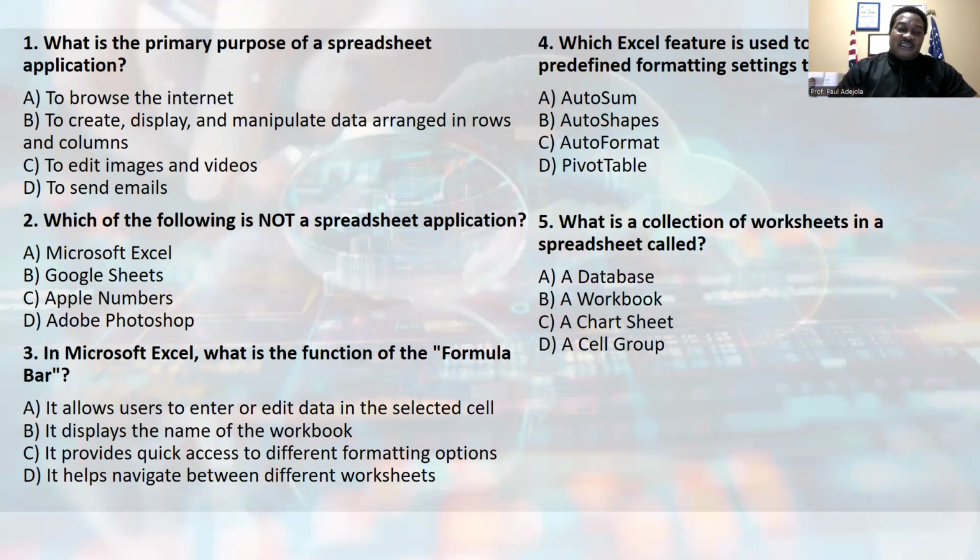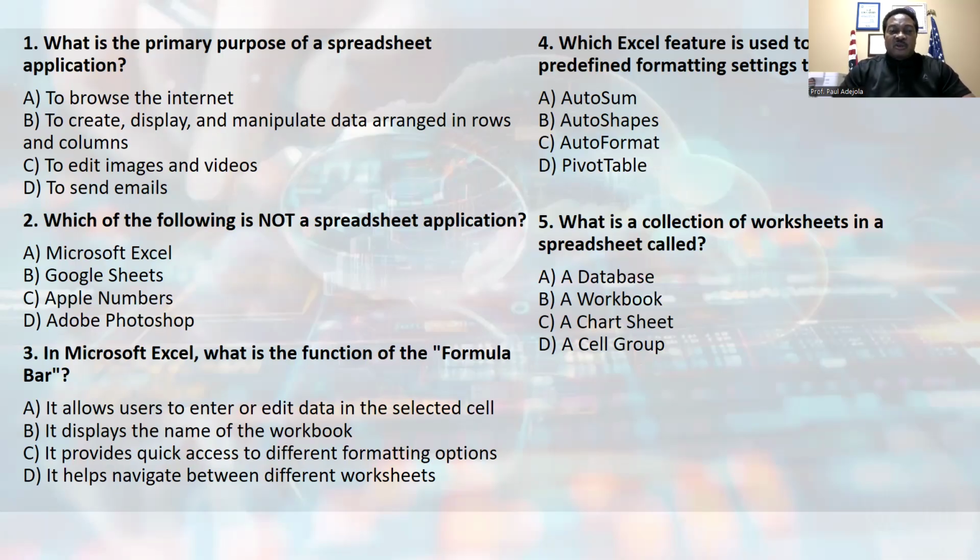Anyway, the answer to that question is B. Then question 2, which of the following is not a spreadsheet application? Microsoft Excel, Google Sheets, Apple Numbers, then Adobe Photoshop. What's your correct answer there? There's no Adobe Photoshop in what we have discussed. So the answer that is odd there is D.